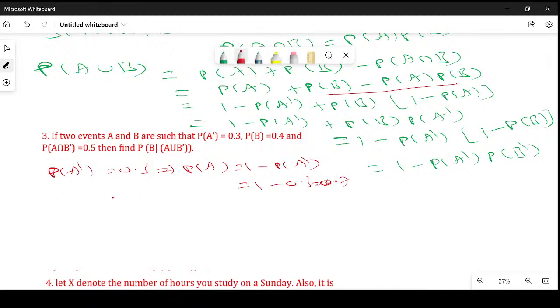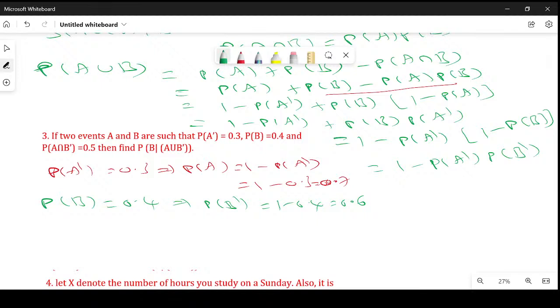Similarly, probability of B is given, 0.4. So similarly I can find the probability of B complement as 1 minus 0.4, which is 0.6.